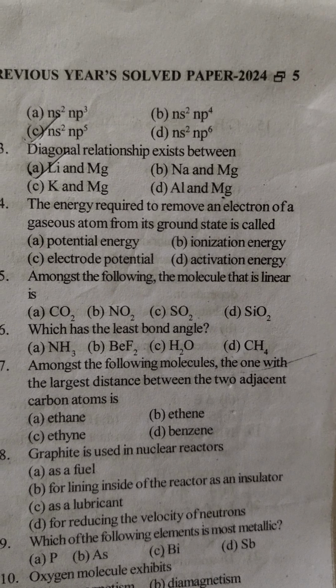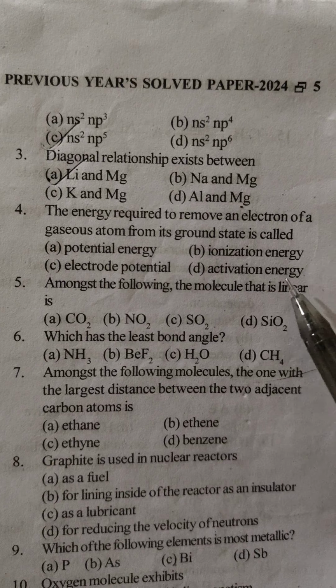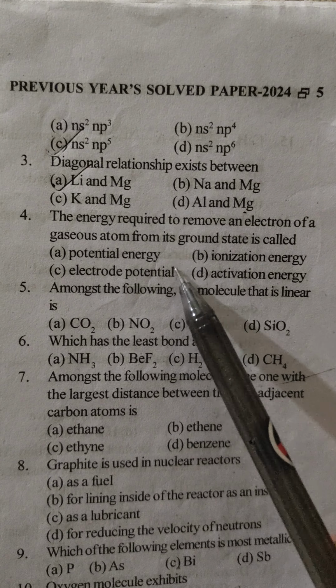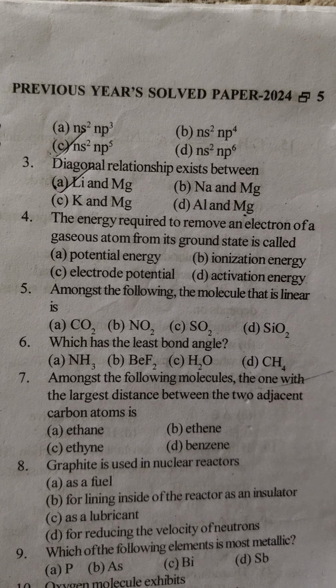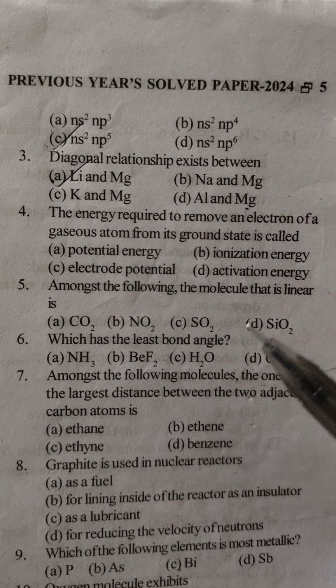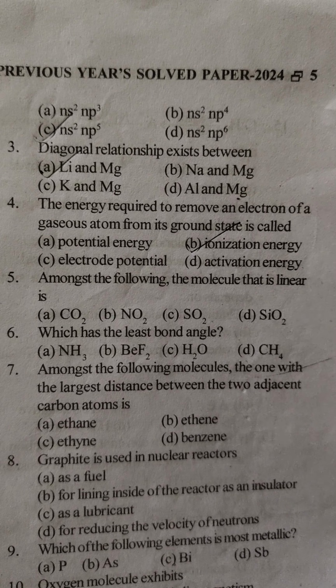And question number 4, the energy required to remove an electron of a gaseous atom from its ground state is known as what? That is ionization energy. Okay, simple.